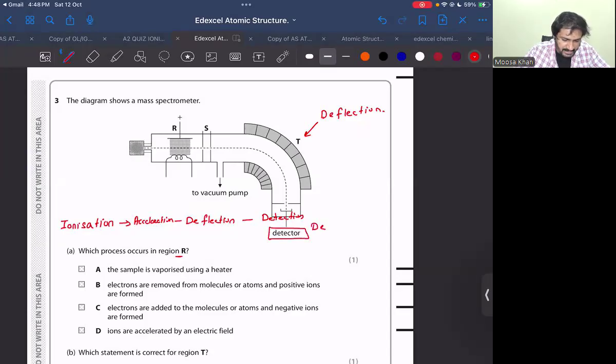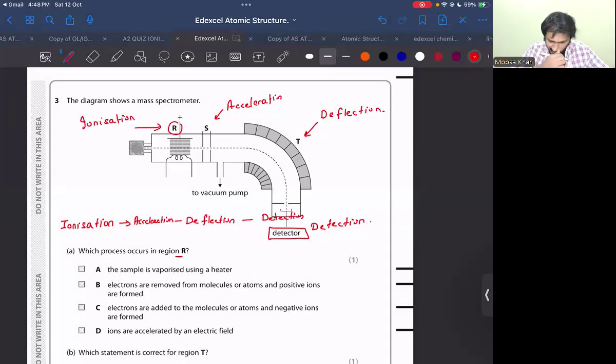They haven't given any symbol for detection, but obviously when the particle reaches the detector, that is the phase for detection. Before deflection, it has to be acceleration. So S must be acceleration, right? And before acceleration, R should be having ionization. And ionization is done by removing the electrons. So the process in region R is basically ionization.